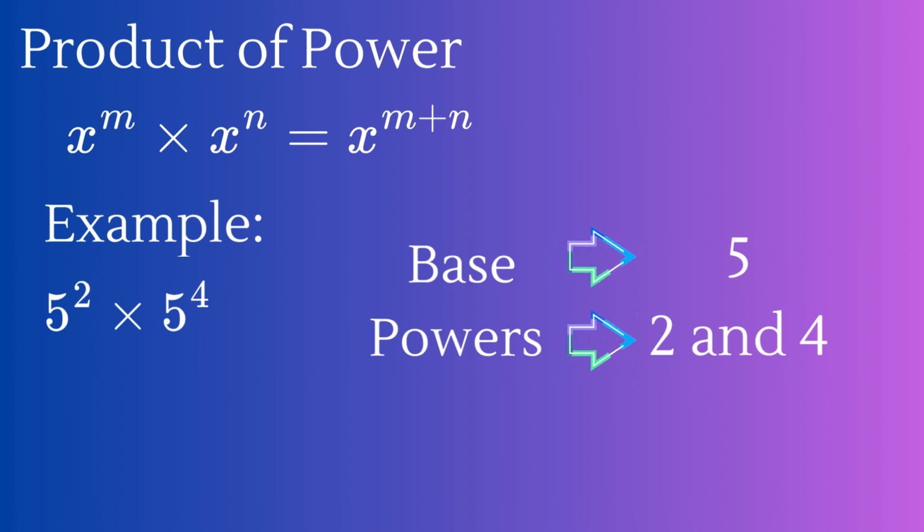So it would become 5 raised to the power 2 plus 4. As we have taken 5 only once, because we have to take the base only once as we take common, right? Then we would just simply add the powers. So 2 plus 4 would be 6. So 5 raised to the power 2 plus 4 would be equal to 5 raised to the power 6.